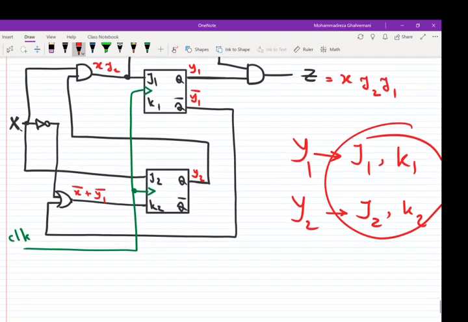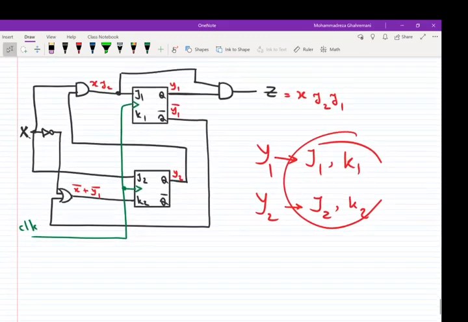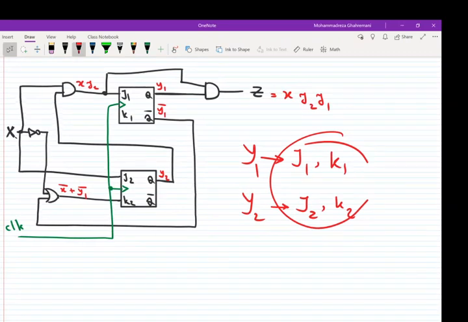Okay, so now that we reached this point, we need to write the equations. So we say J1 is equal to x y2.